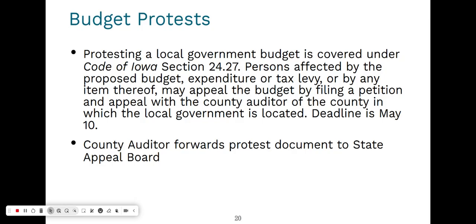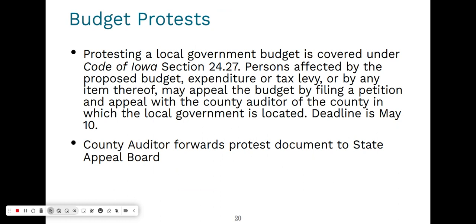Budget protests: you can adopt your budget following a public hearing, and your citizens can still undergo a budget protest process. So essentially, they would circulate a petition. The process itself is covered under Code of Iowa 24.27.